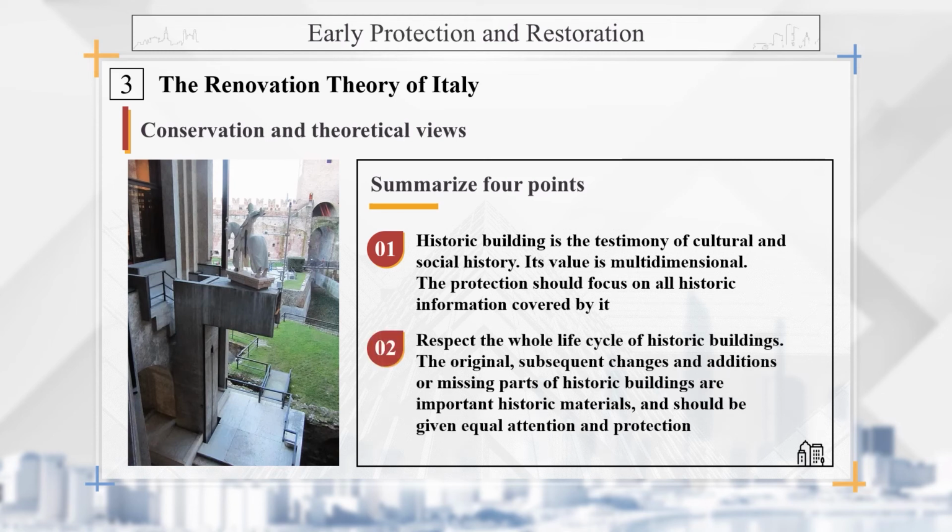Secondly, respect the whole life cycle of historical buildings. The original, subsequent changes, and additions or missing parts of historic buildings are important historical materials and should be given equal attention and protection, and ensure that this part of history is clearly defined and legible.